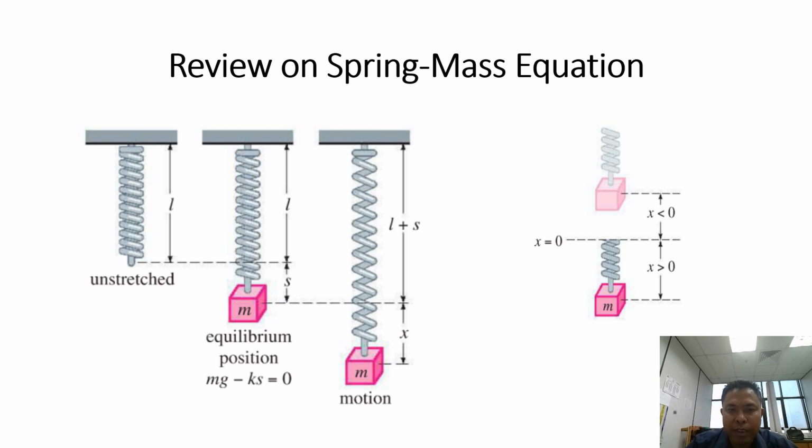Originally the unstretched length is L plus S, but after the system is under the mass weight, the system will be stretched by x. We can analyze whether the displacement is negative or positive. Usually we call displacement in engineering the amplitude.